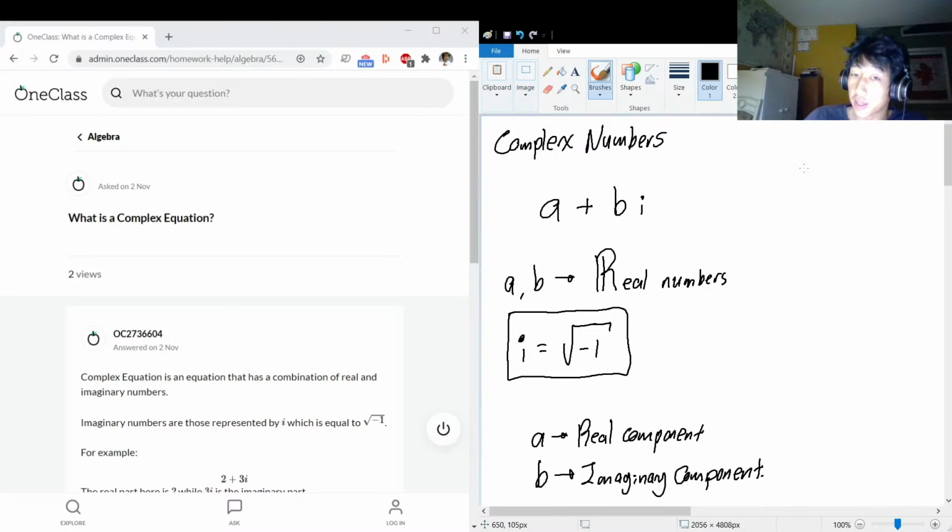B could be a negative number, so this is just as valid, or it could be negative A minus B I. As an example, negative 9 minus 8I would be a valid complex number, because A is negative 9 and B is negative 8.